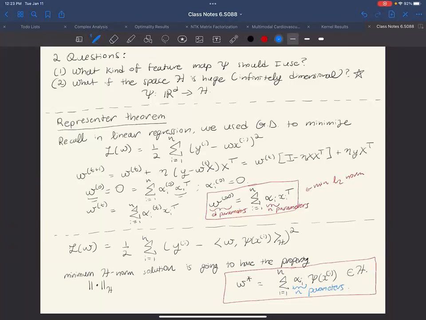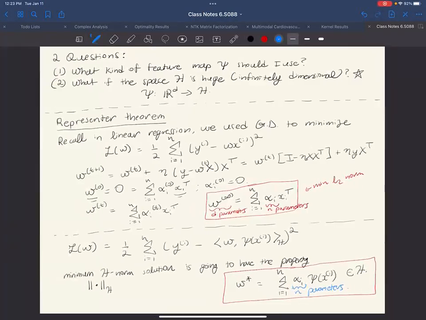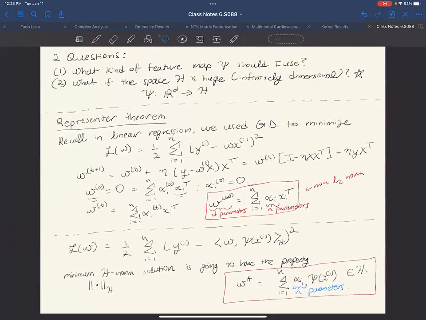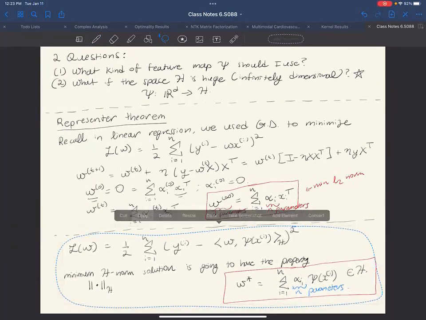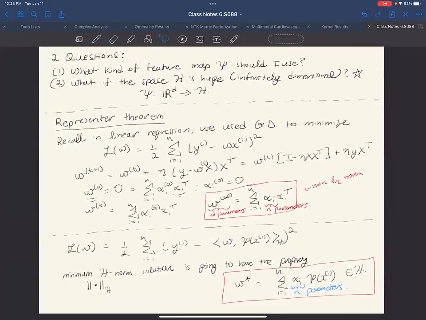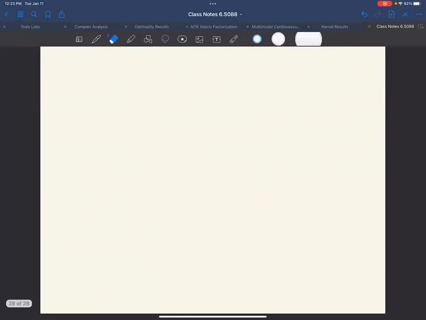And this is exactly what we're going to want to solve for. So let's just rewrite what happens, and substitute in what happens if we assume that that's the right form.